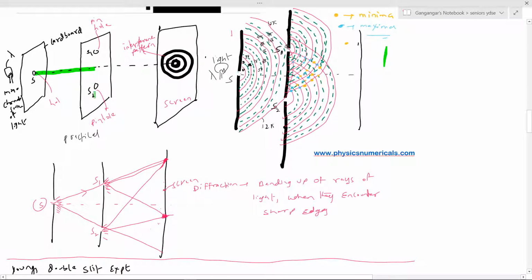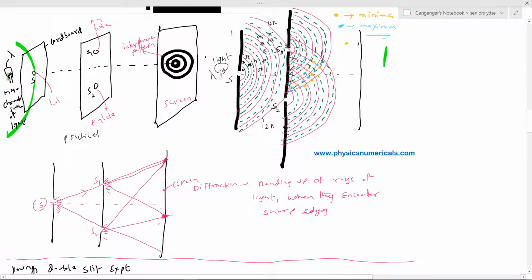But what Young noticed is that instead of getting a spot here, he got alternate bright and dark regions. The reason is that the light coming from here was behaving like a wave. It started spreading because every point on a wavefront behaves like a source.